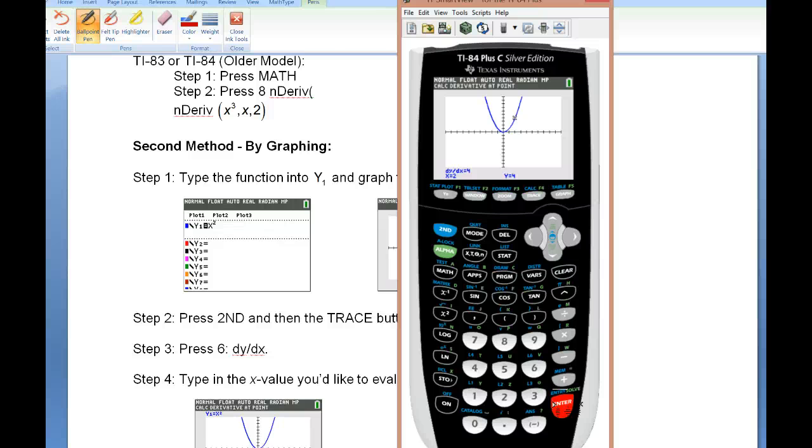Okay, I didn't put this in here, but if you see above where it says program, you see that? So we're going to press second, program. The slope is 4. And we are going to draw the tangent.